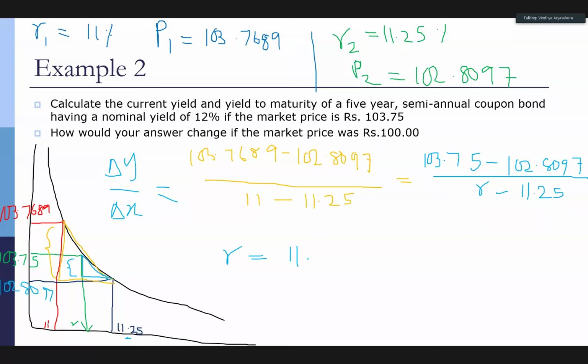Okay. I'm getting 11.0049. Is that right? That's the answer somebody is giving me. Correct or not?